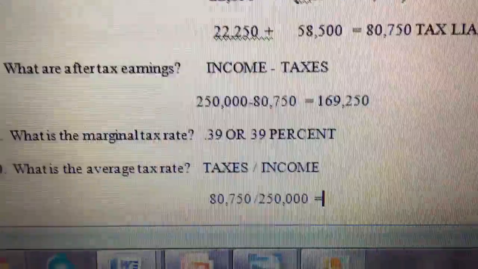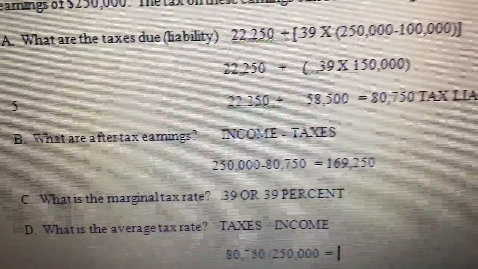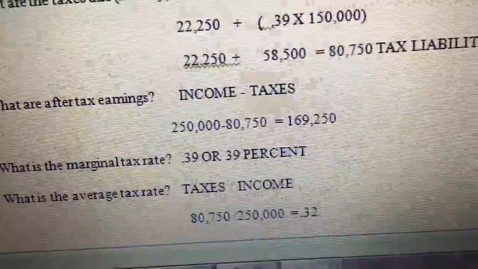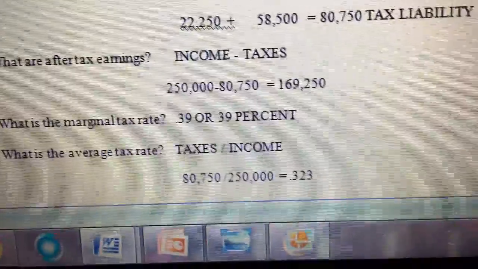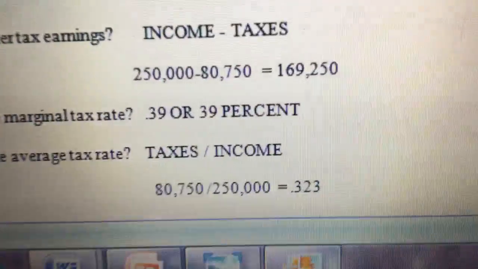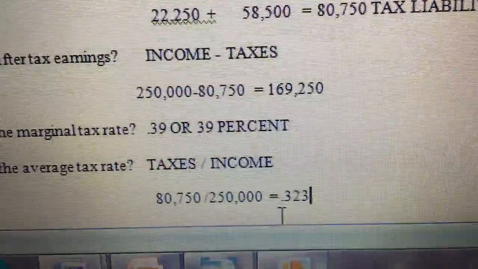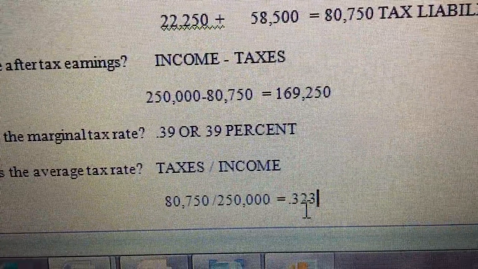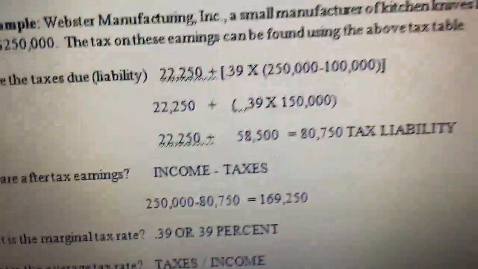And what you'll do is get a percentage. It's going to come out in your calculator as 0.323 or 0.3229, something like that. We're going to round it off. Now, this is the decimal version. If you're changing that to a percentage, move your decimal 2 places to the right, so it would end up behind the 32.